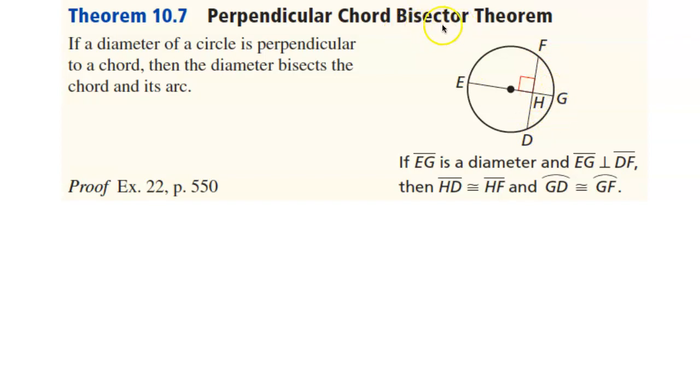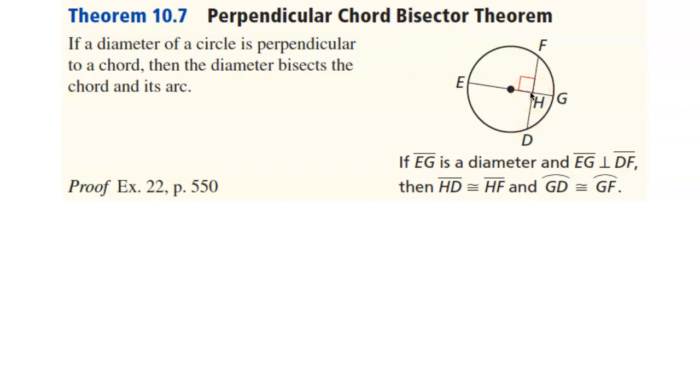So the bisector part of this theorem, it actually happens for two different things. The chord is being bisected, and the arc made by the chord is bisected. But again, that only happens if a diameter and a chord are perpendicular.